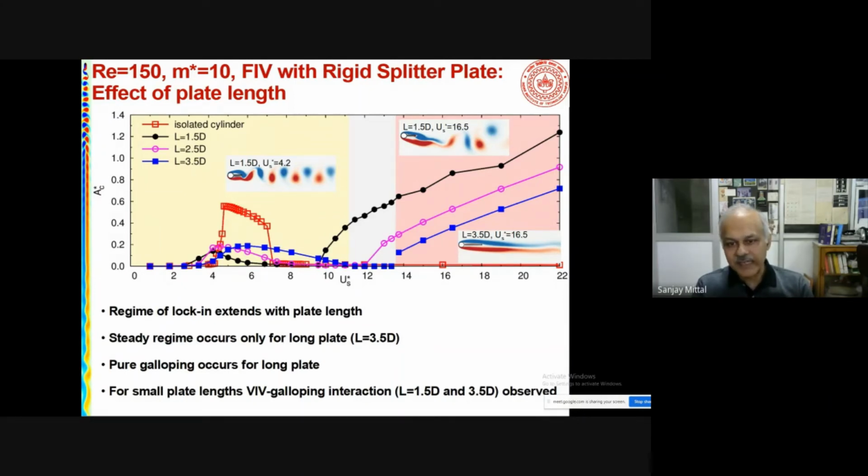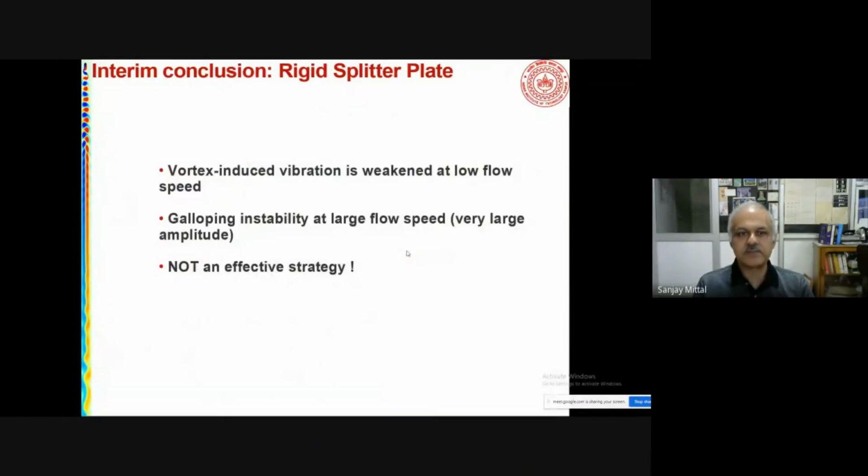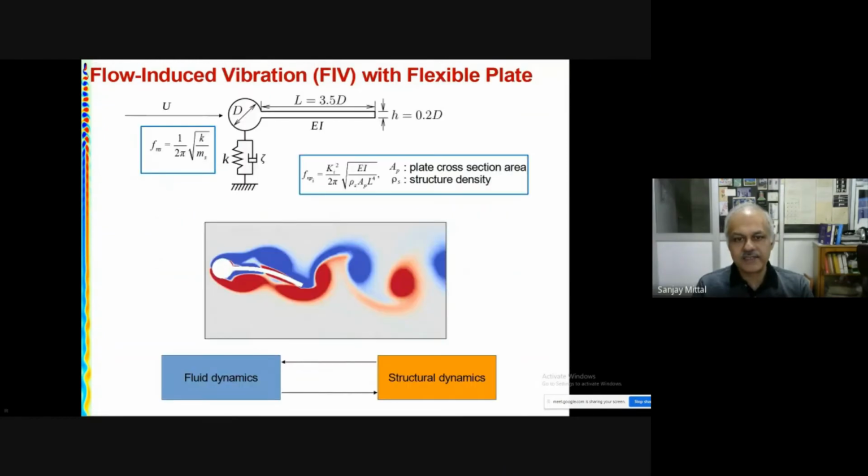I mean, irrespective of the plate length, the galloping kind of shifts around a little bit. There is some qualitative difference in the amplitude, but really not much of a solace there from effect of length. Okay, so clearly this is not an effective strategy because you are getting galloping, and we don't want that.